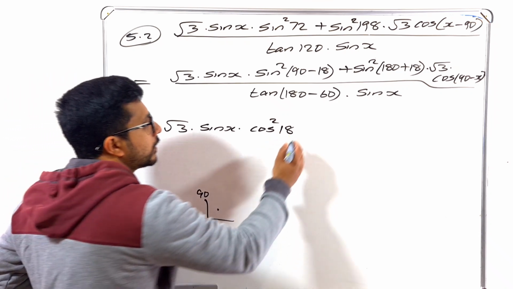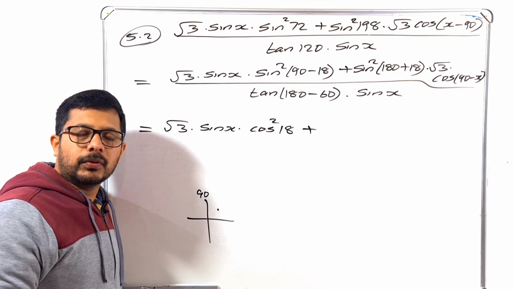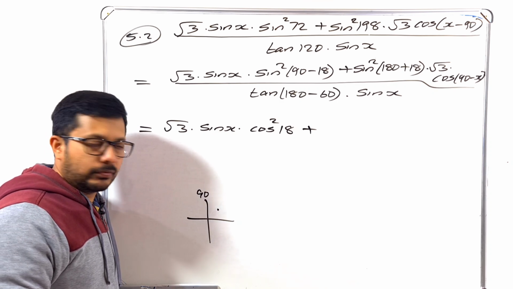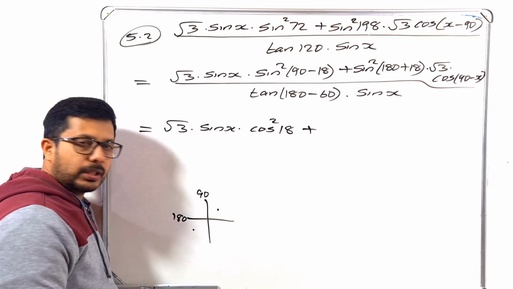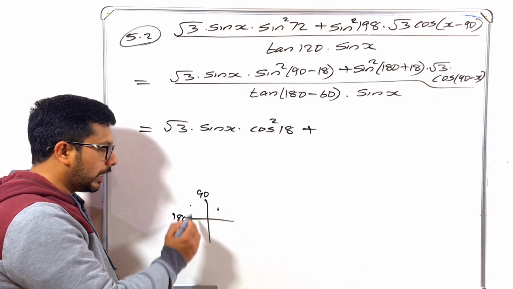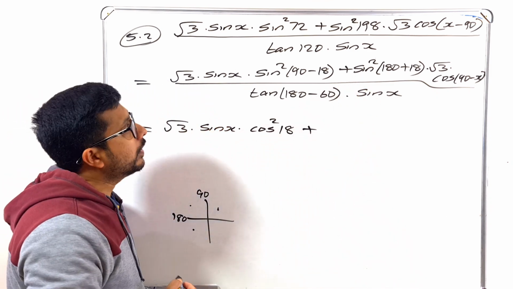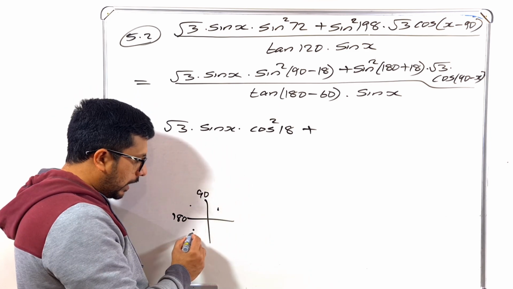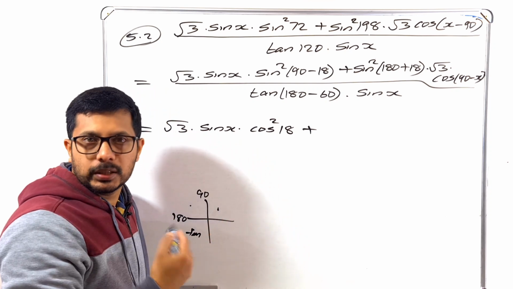Okay, plus now sine square of 180 plus 18. 180 plus 18 is in which quadrant? Third quadrant. This is 180, 180 plus, that means in the third quadrant. In the third quadrant, what is positive? Tan is positive, but here it is sine, so we are supposed to write the negative.